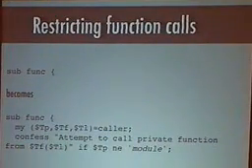The other side of this is the declaration of a function. When you say subfunc, which is a private one, if you remember, it finds out who called, which is what this caller thing does, and checks whether the caller is the same module. If the caller is not the same module, it dies.